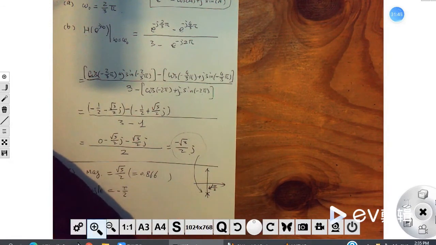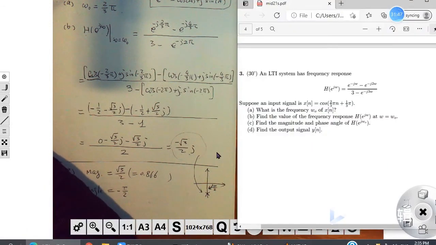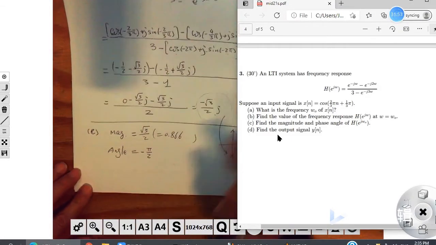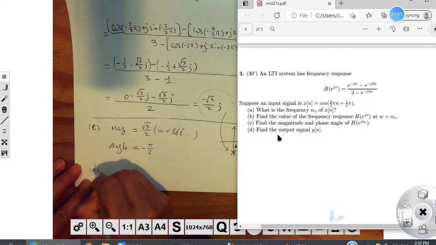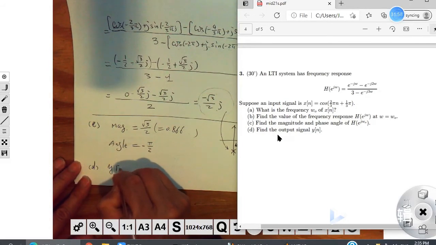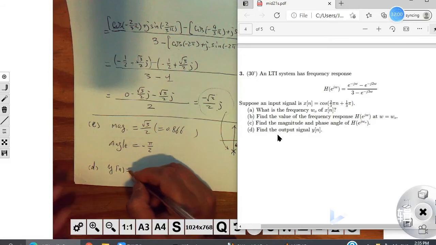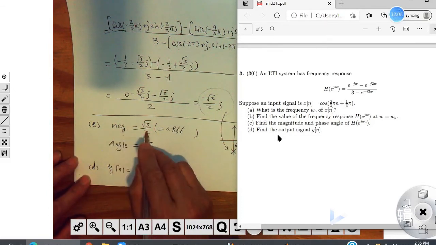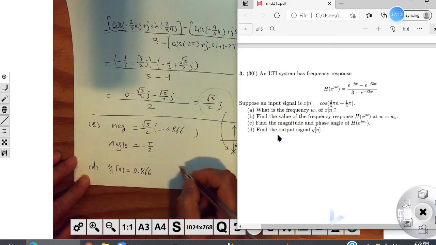Then we go to the last part, D: find the output signal y of n. Now we can just write it down. Because the input is a cosine, the output is still a cosine, but both amplitude and phase will change. The original amplitude is 1, since x of n is just cosine.